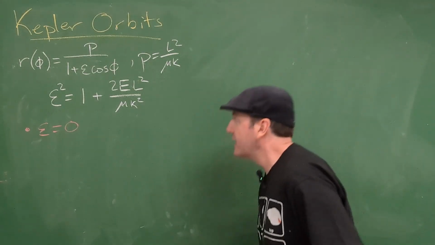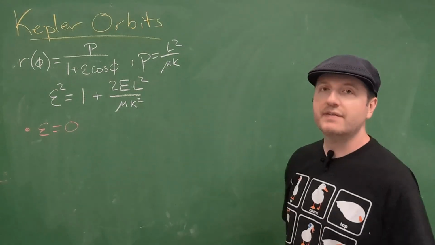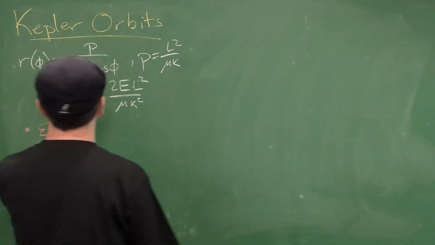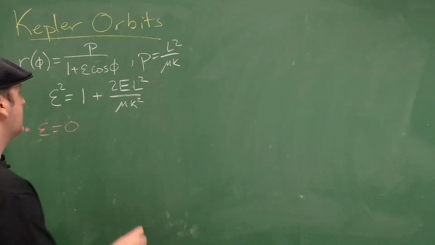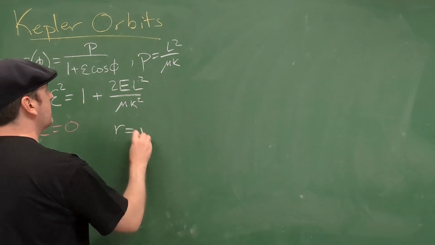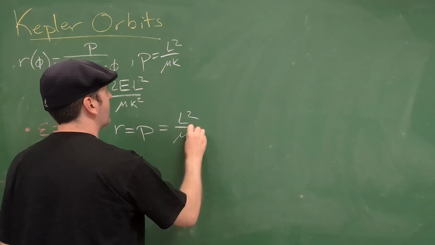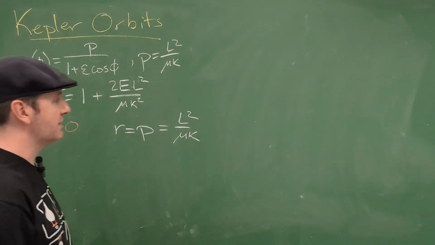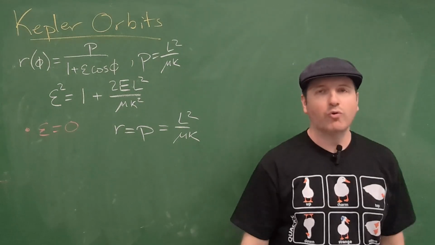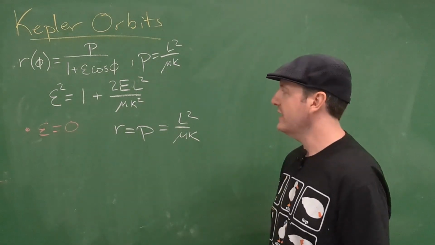Now, what does that mean as far as the specifics of the orbit? Well, if we look at our expression for the orbital equation, this means that r is simply equal to p, which is just L squared over mu kappa, a constant. Well, what type of orbit in polar coordinates has a constant radius?